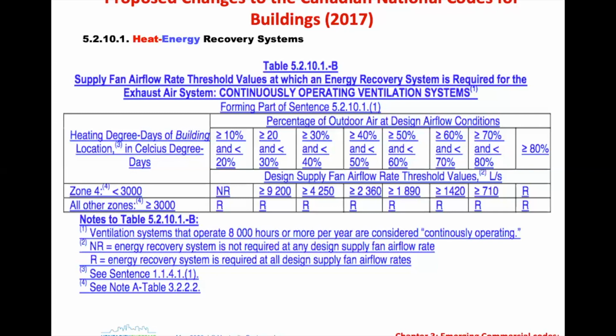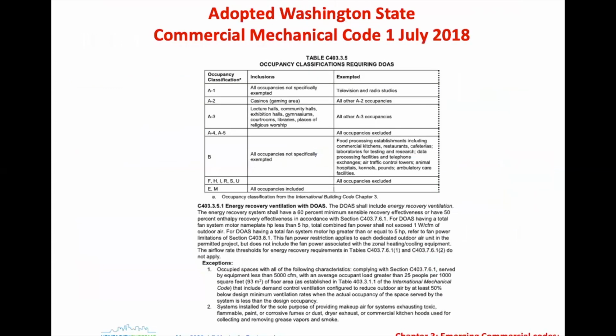Then you have Washington State, which is really leading in North America, in the United States. Their commercial code, originally started on July 1st of 2018, is virtually requiring dedicated outdoor air systems for all commercial buildings with a few exceptions. You'll see some exempted on that little chart there.